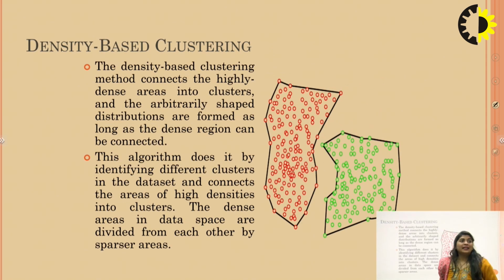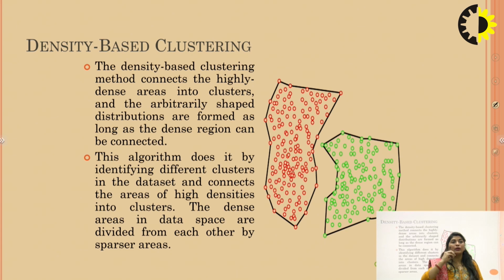Next is the density-based clustering algorithm. What is the meaning of density-based? The density-based clustering algorithm selects the data set in highly dense areas. This method connects the highly dense areas into clusters, and arbitrarily shaped distributions are formed as long as the dense regions can be connected. So we can say these clusters are connected. How are they connected?